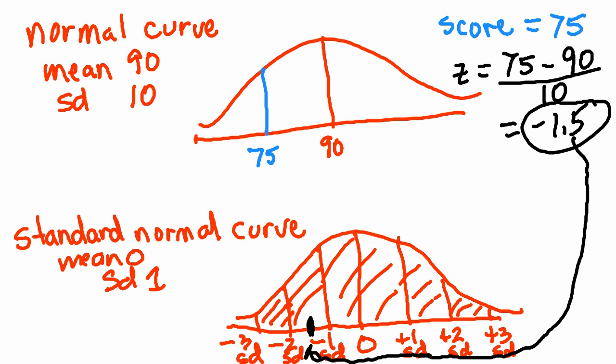Let me erase this and write it smaller. So this was -2 on a standard normal curve. This was -1. Minus 1.5 is right here.